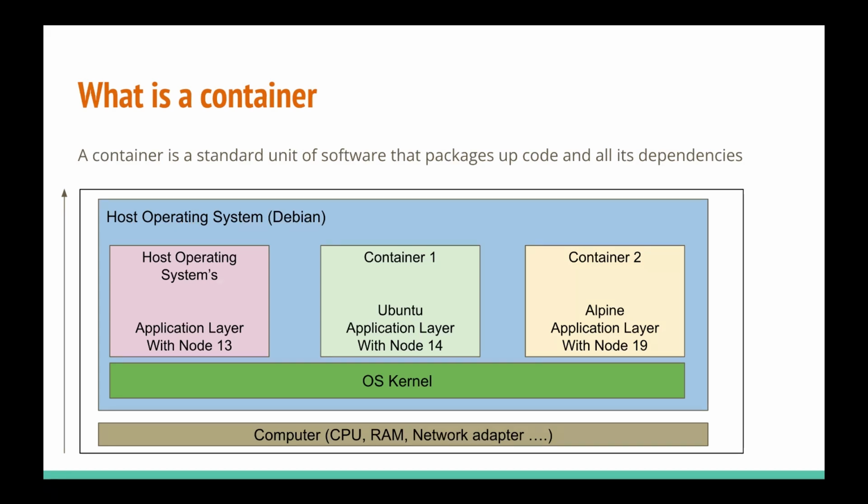Being lightweight also comes with a restriction. What's the restriction? A container can only be hosted on a host with the same OS kernel. It means that if I have an Ubuntu container, I can host it on a Linux operating system.